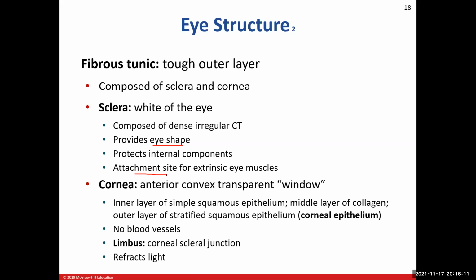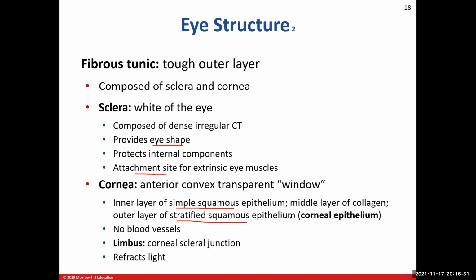Then we have our cornea. The cornea is on the anterior portion of the eye, and it is going to be transparent because we do not want to obstruct the passage of light as it's entering into the eye. It's referred to as the window. We'll see that there are a couple layers to the cornea. The inner layer is made up of simple squamous epithelium, and the outer layer is made up of stratified squamous epithelium, and then sandwiched in between is going to be collagen.